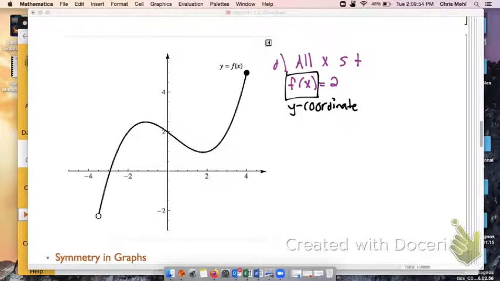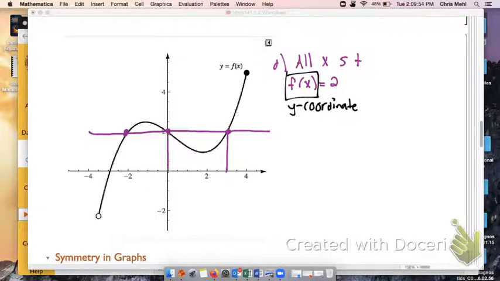Again, this time I'm going to come to the graph. I like to draw horizontal lines. So here's y equals 2. If you draw a horizontal line, you're going to notice you intersect the graph in 3 places. So there are 3 points on the graph with y-coordinate 2.